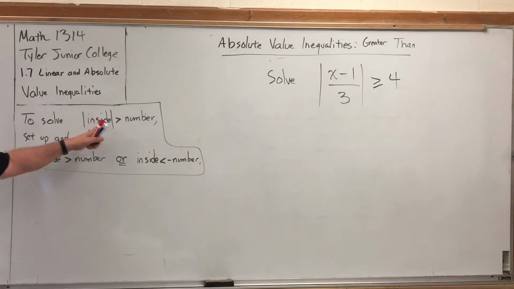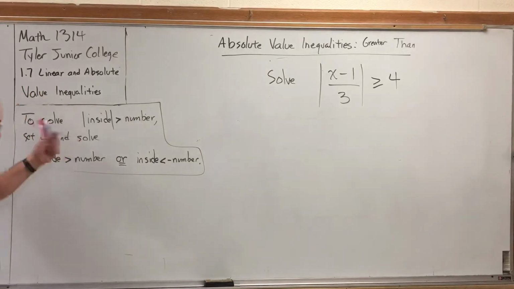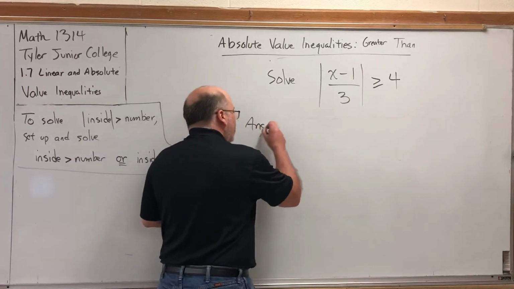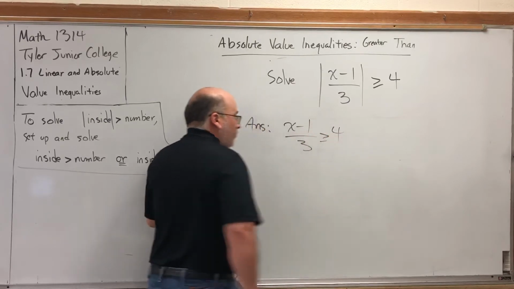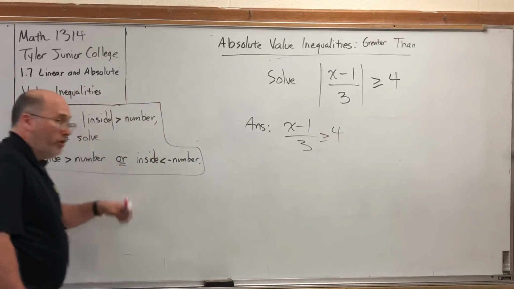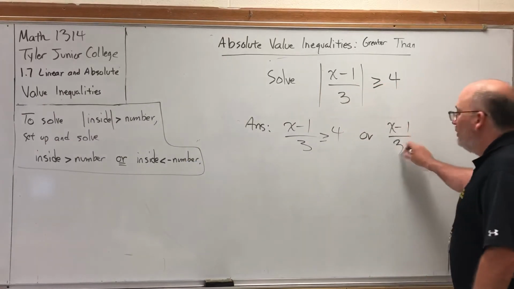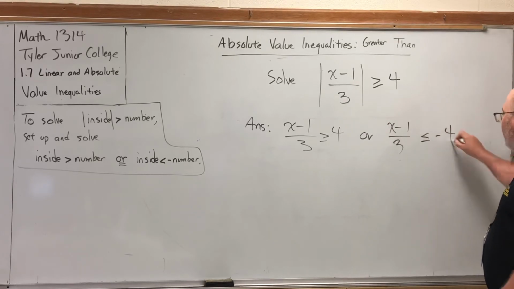If you have absolute value greater than a number, I know it says greater than or equal to, just change the inequalities. Then we're going to set up 2 inequalities. Inside greater than or equal to the number, or inside less than or equal to the negative of the number.